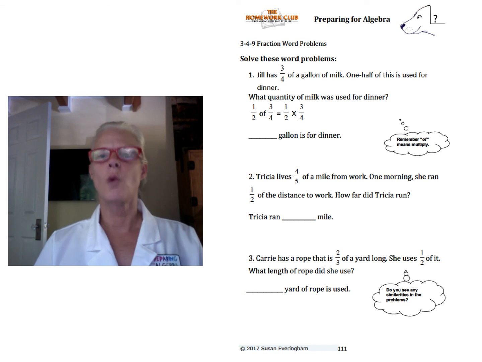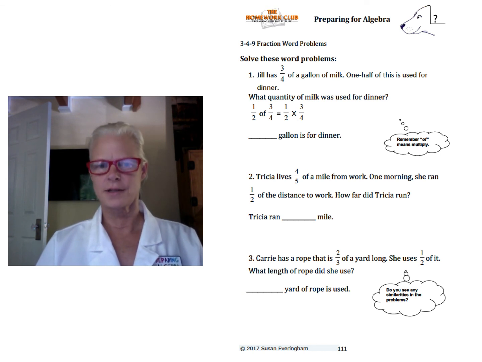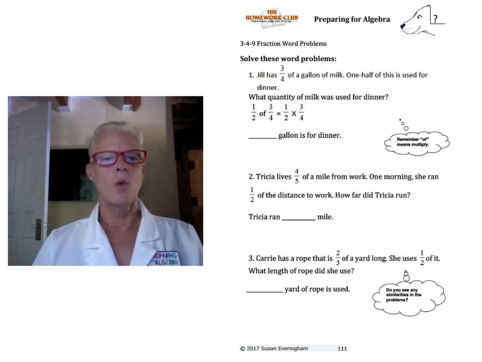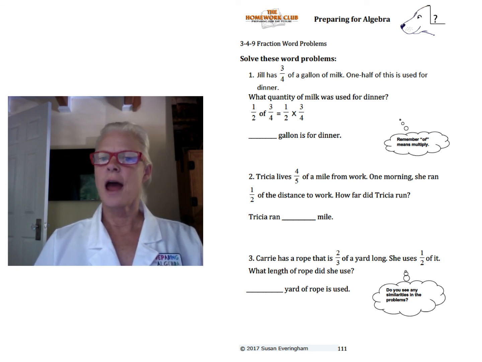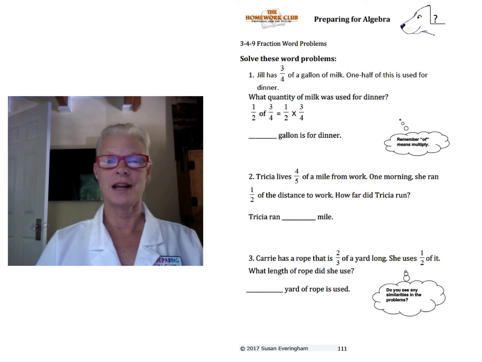So we're going to take 1/2 of 3/4 to come up with the quantity of milk used at dinner time. So 1/2 of 3/4 equals 1/2 times 3/4. So you're going to end up with how much of a gallon is used for dinner. So 3/8 is the answer to that.